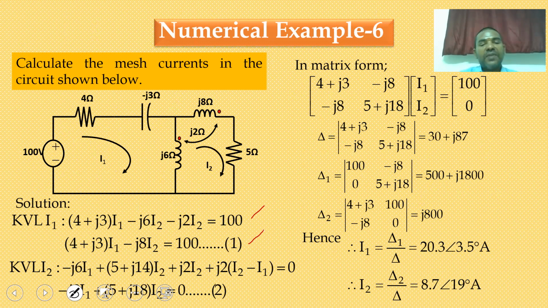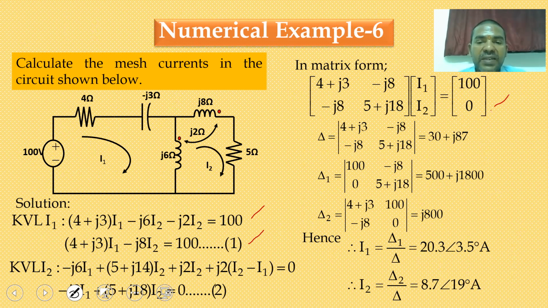For I2 minus I1 it is opposite, for I2 it is the same, so that's why you have to get 2 times M. Finally you get minus J8 into I1 plus 5 plus J18 into I2 is equal to 0. In matrix form: 4 plus J3, minus J8; minus J8, 5 plus J18; unknowns I1 and I2; right-hand side 100 and 0.